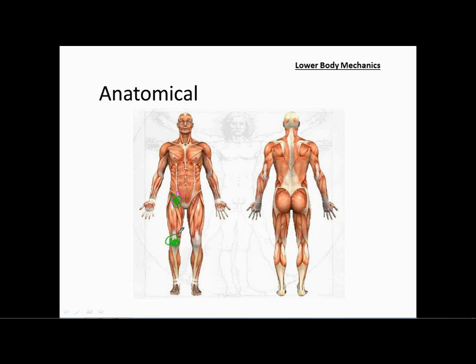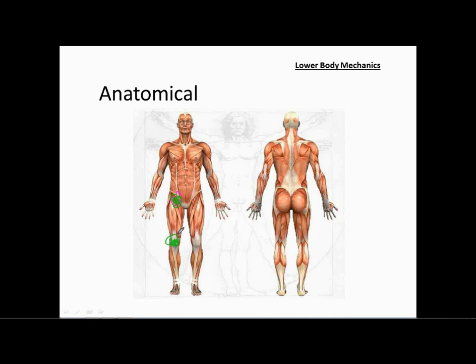But it is done semi-isometrically, and so you don't see a big, dramatic, dynamic change of, say, angle with the knee and the hip. But there's a lot of force being generated, even if there's not a lot of range of motion being utilized. So it's important to understand where the force is coming from and how we impact that force production.